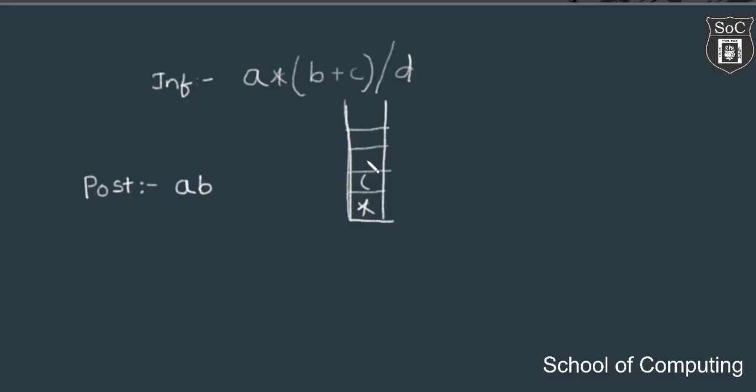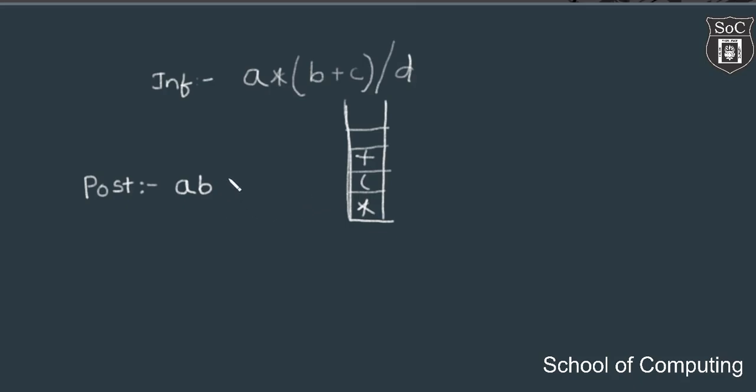But here there is an opening parenthesis on top of the stack. Star is not on top of the stack, so plus can be accommodated here. If the opening parenthesis was not there, and star was on top of the stack, then plus sitting on top of the star is not allowed. You have to pop star. Now plus has been accommodated.